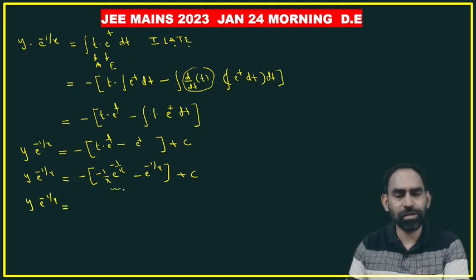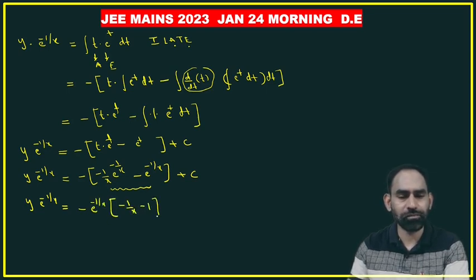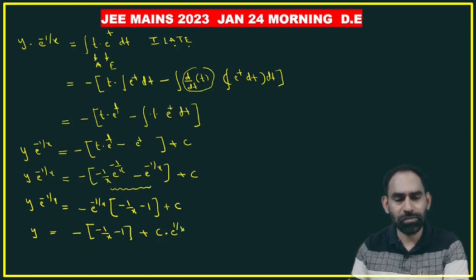Here in this bracket e power minus 1 by x is common. So minus of e power minus 1 by x into minus 1 by x minus 1 plus c. Now dividing both sides with e power minus 1 by x. This becomes y equals to minus of minus 1 by x minus 1 plus c into e power 1 by x.